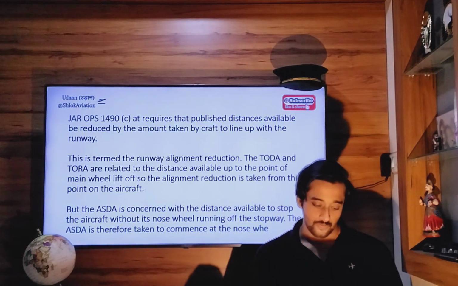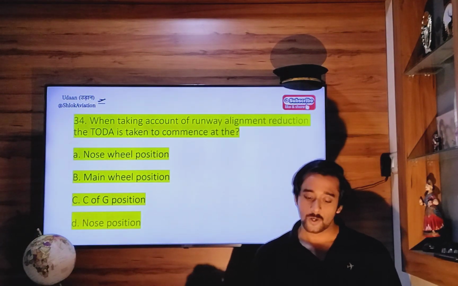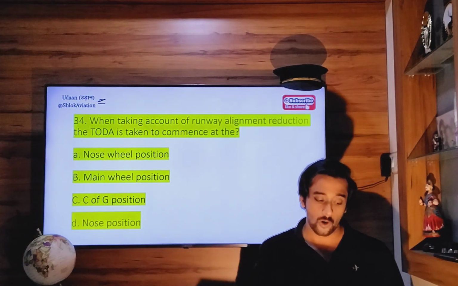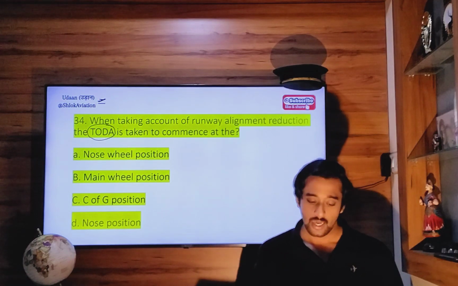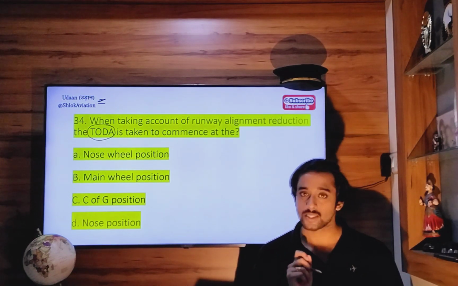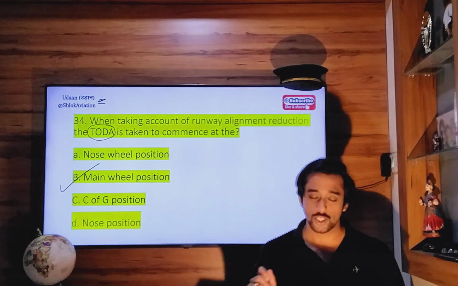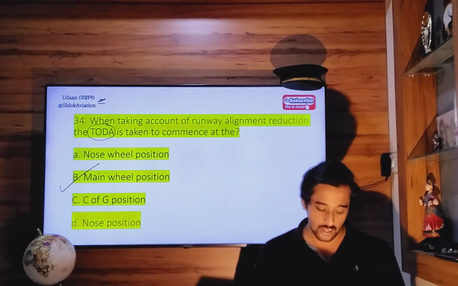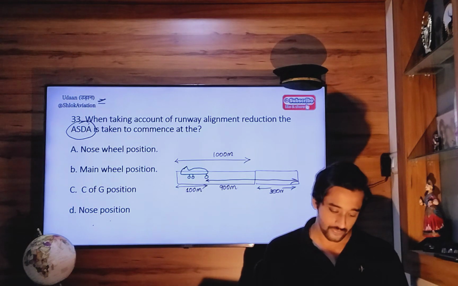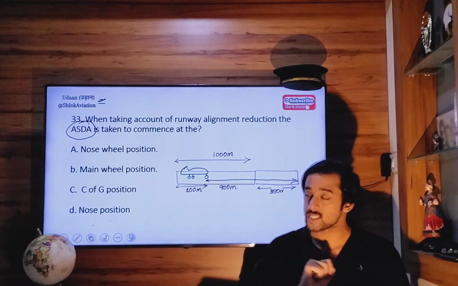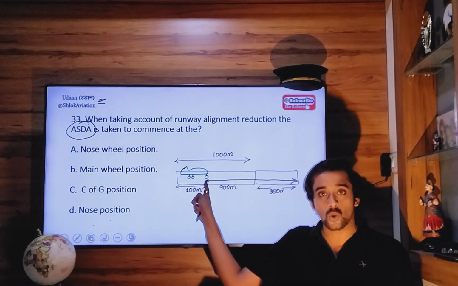Next. Taking account of runway alignment reduction for takeoff distance available, which is takeoff run plus clearway, this distance will start at main wheels position. Okay, it will start at main wheels position. Same concept. So let's say for accelerate stop distance available, we started our measurement from the nose wheel.